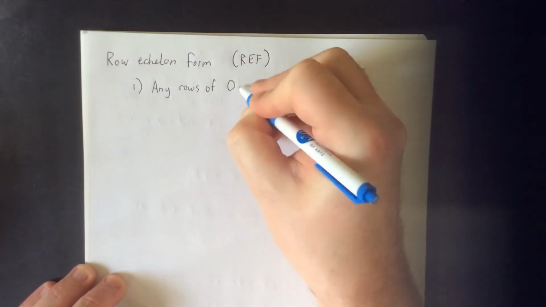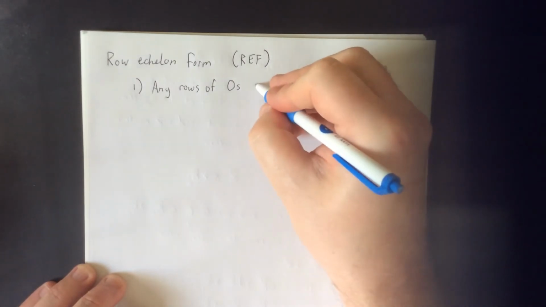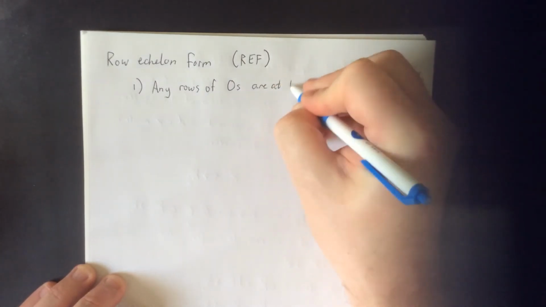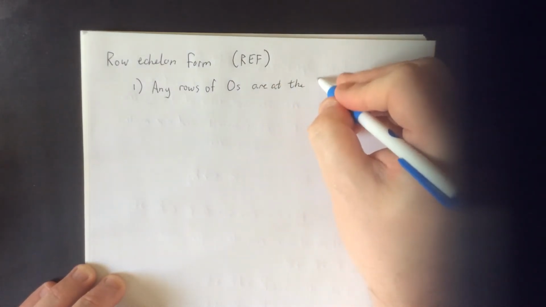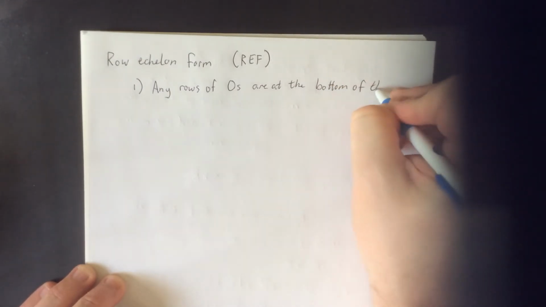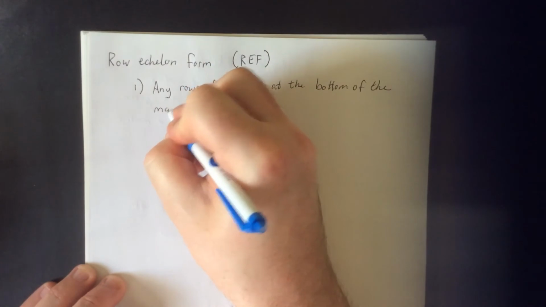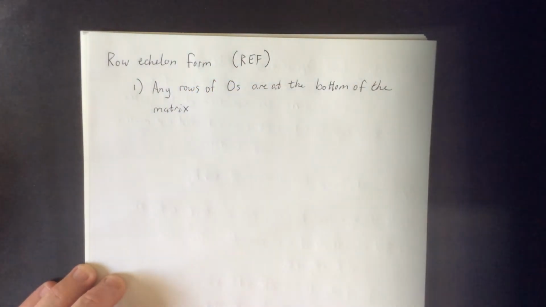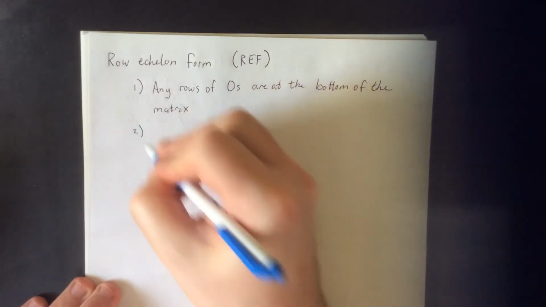Any rows comprised entirely of zeros are at the bottom of the matrix. The rows of zeros are at the bottom of the matrix.